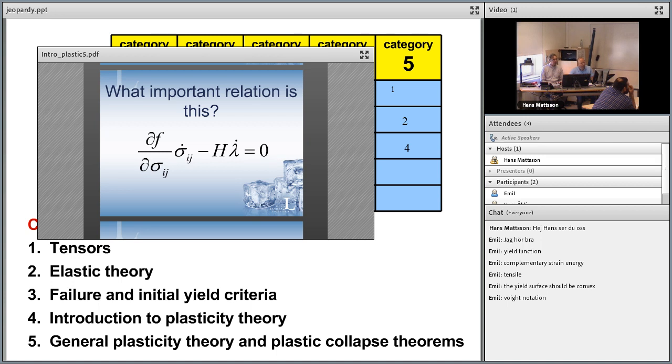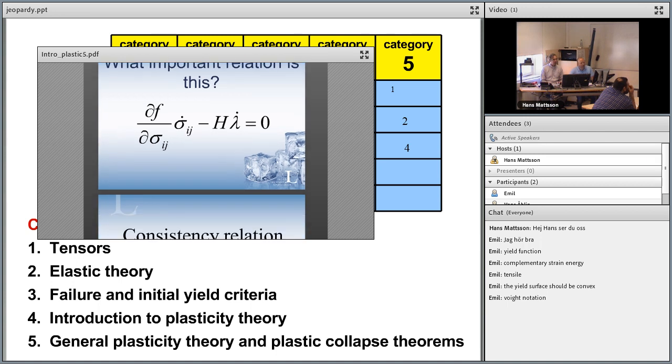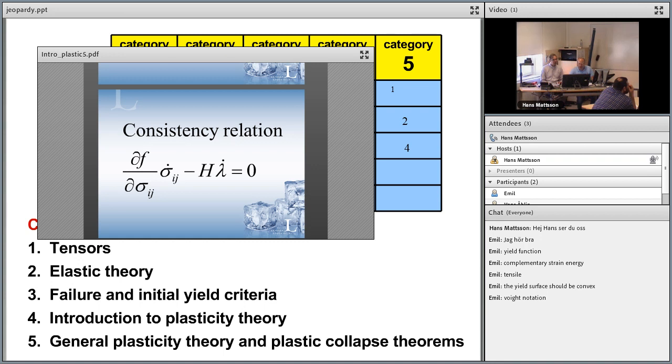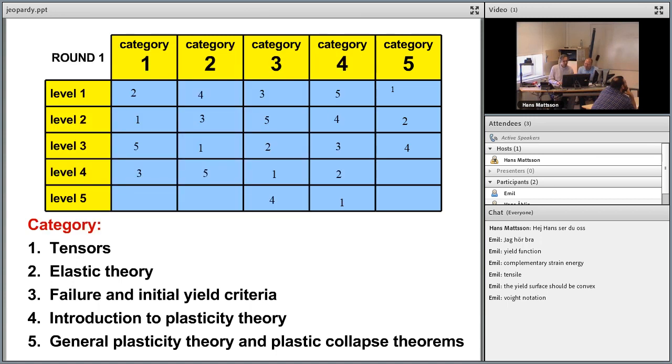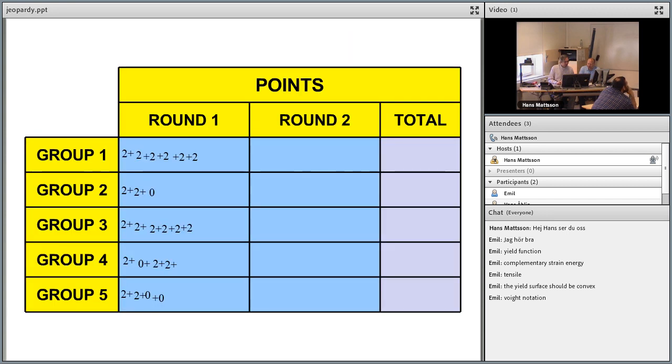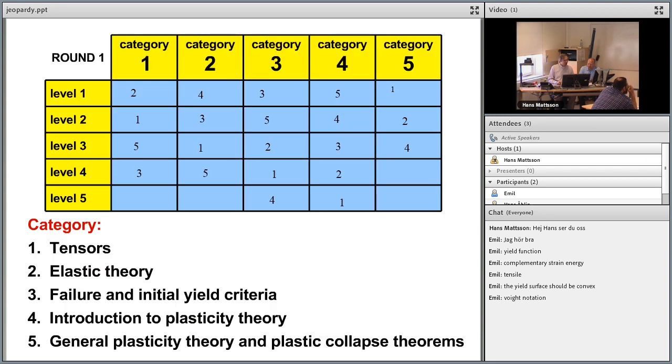Is that your final answer? Okay. It's correct. Group number 1, really strong, and group number 1 get 2 more points here. They have really a lot of points. Group number 2, choose the next question.